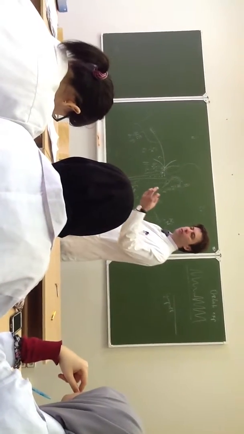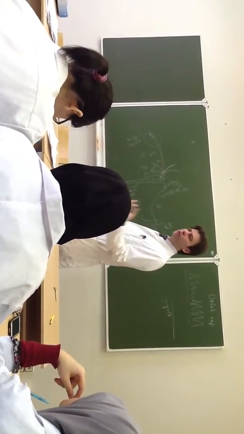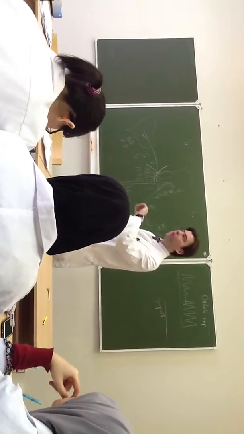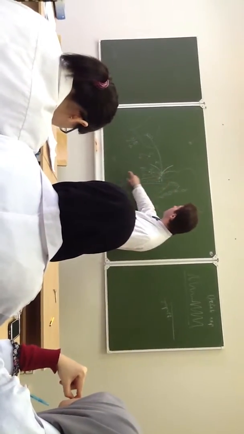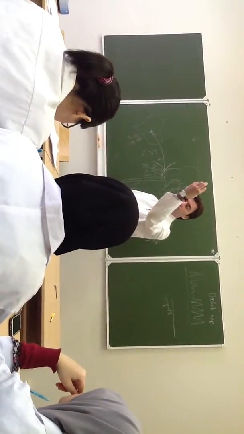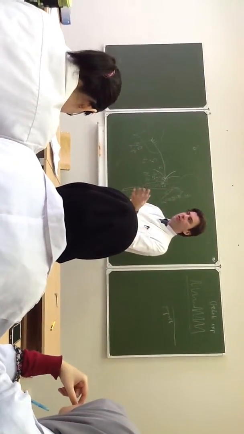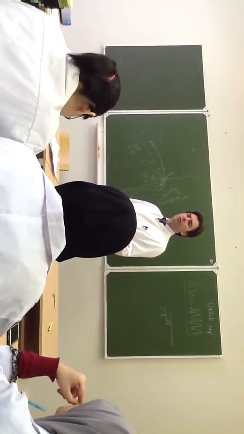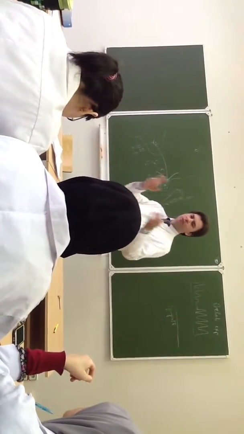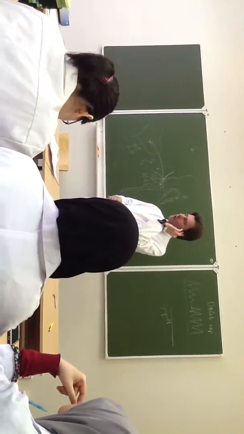Therefore, the ganglion is located close to the spinal cord, producing the so-called sympathetic trunk, the chain of ganglia alongside both sides of the spinal cord.